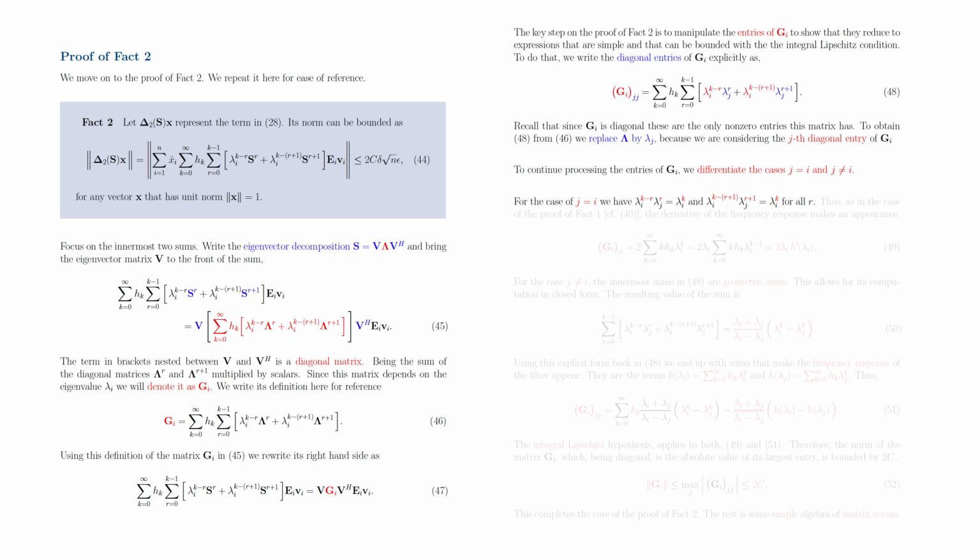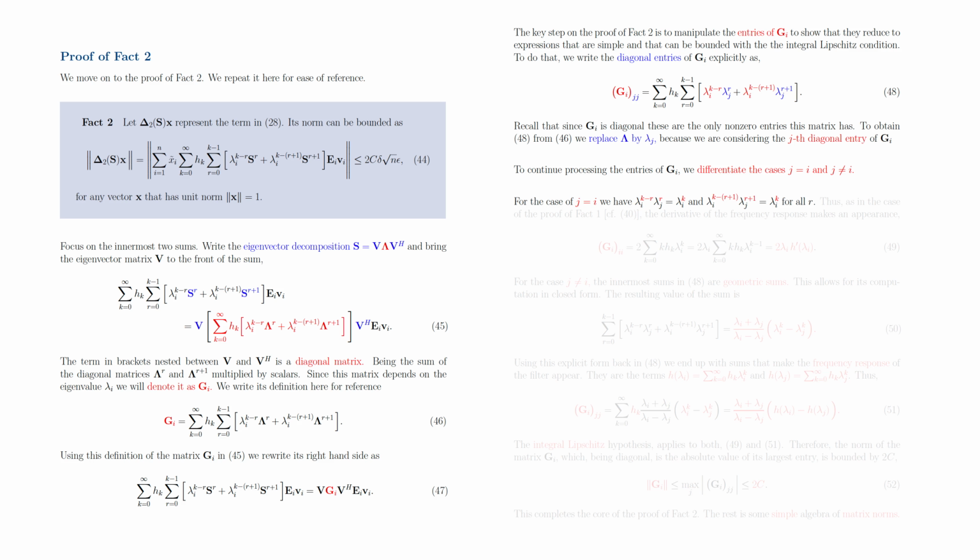For the case in which j equals i, the expression for the entry G_i sub jj in 48, we are actually looking at the entry G_i sub ii. In this particular case, the terms inside the sum in equation 48 are such that i and j are the same.